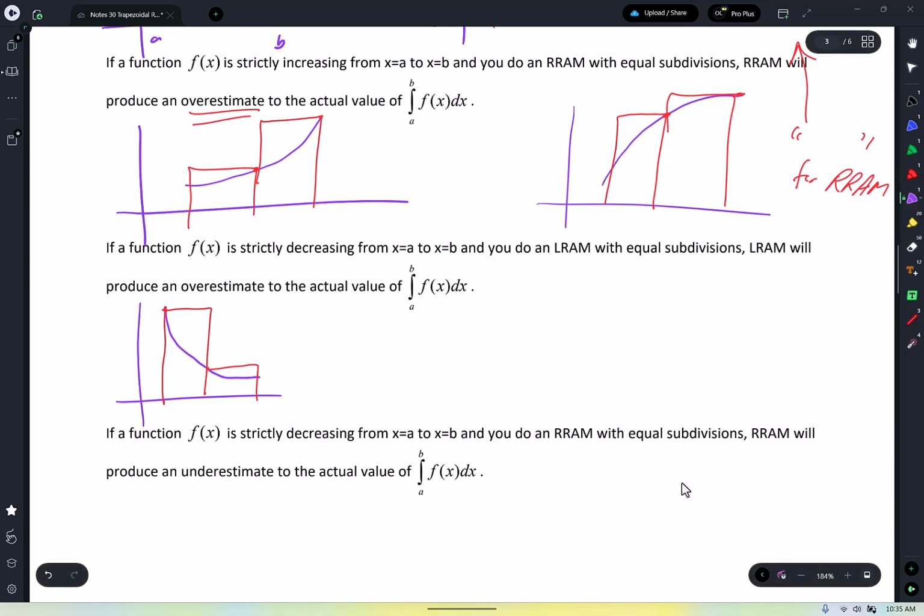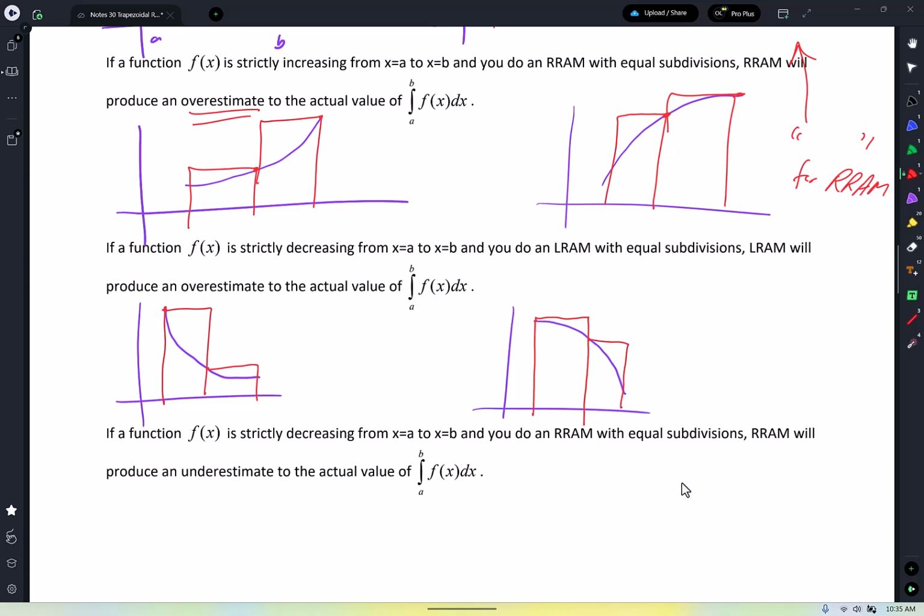Let's do decreasing concave down. Concavity does not matter. Increasing, decreasing does for LRAM and RRAM.